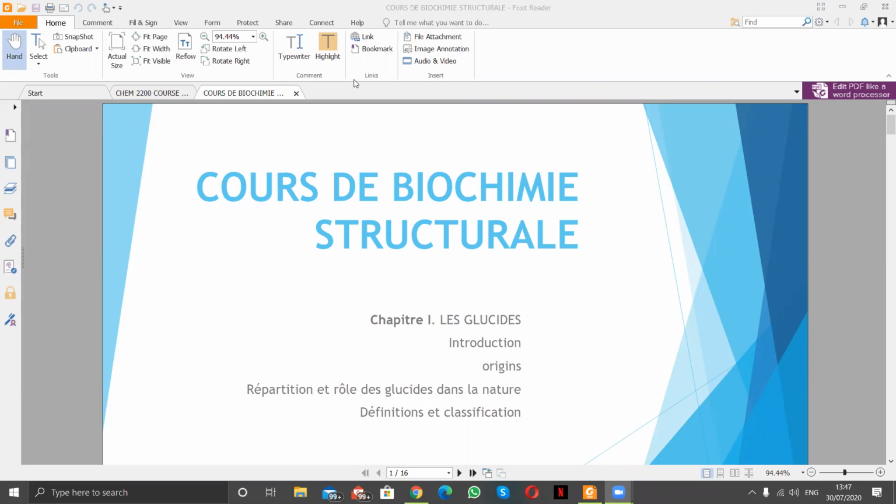Okay, so basically, glucides are biomolecules consisting of carbon, hydrogen, and oxygen atoms. They are of three types: monosaccharides, disaccharides, and polysaccharides. Monosaccharides are simple sugars which cannot be further hydrolyzed.